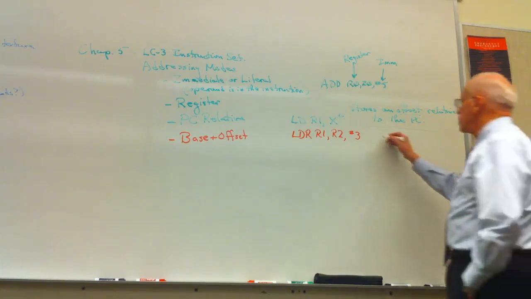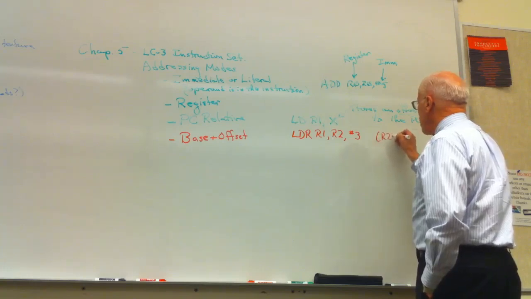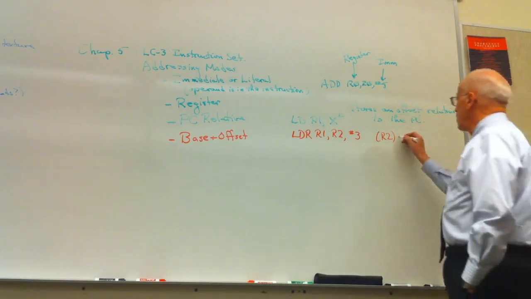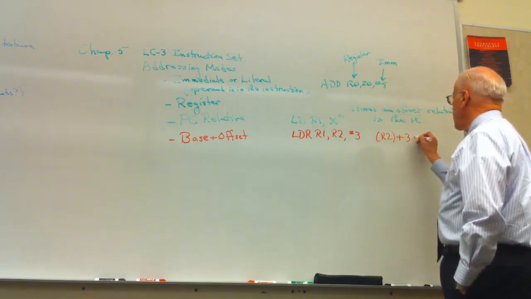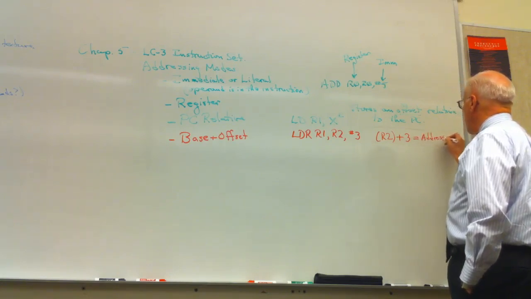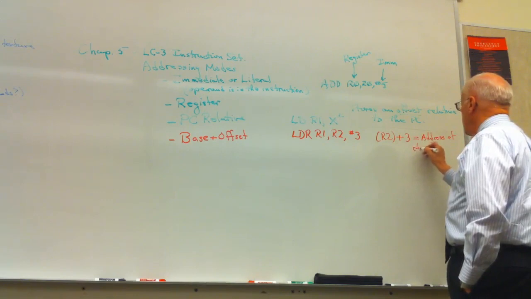If you put parentheses around a register, that means the contents of that register. Plus 3 in this case is going to be the address of the data.